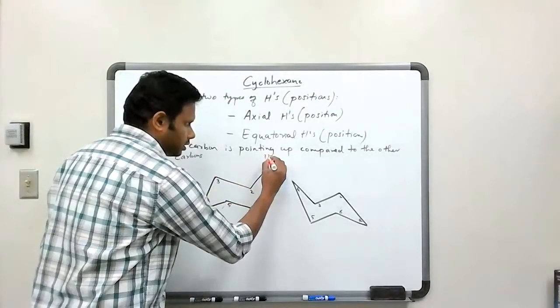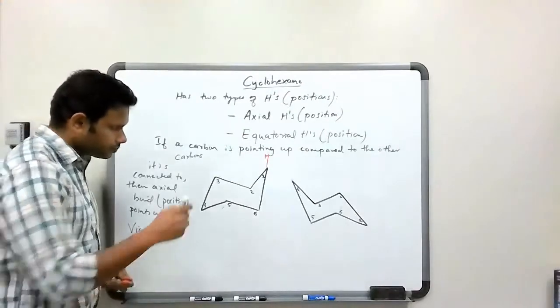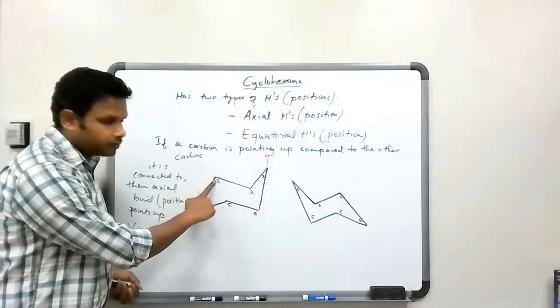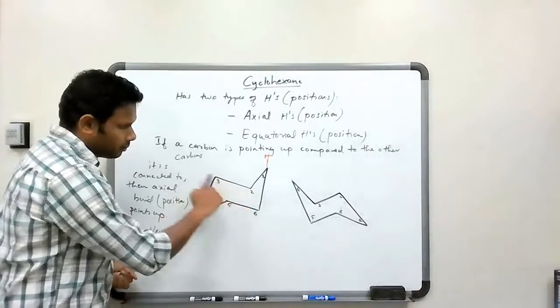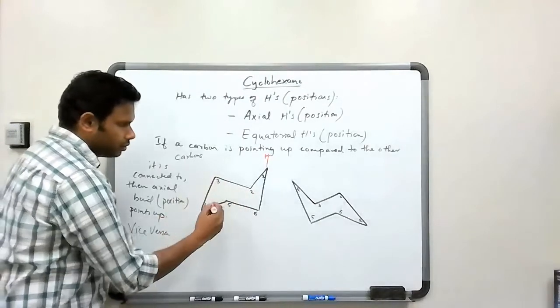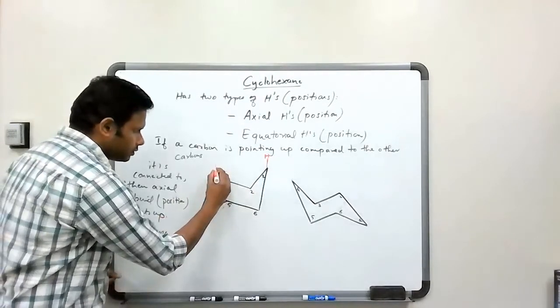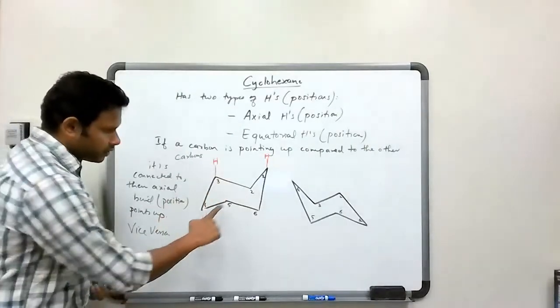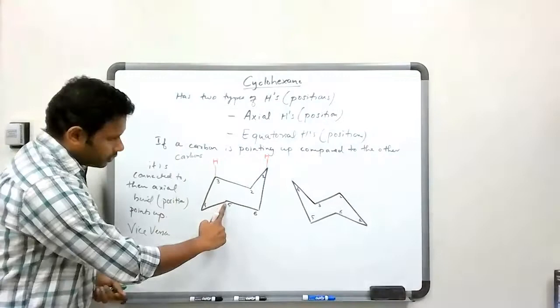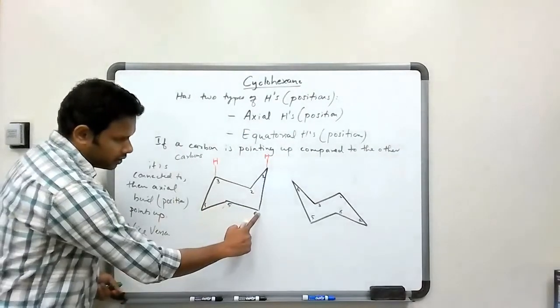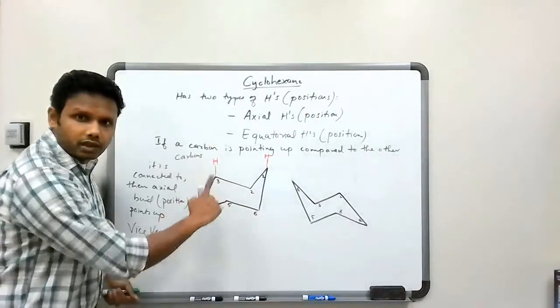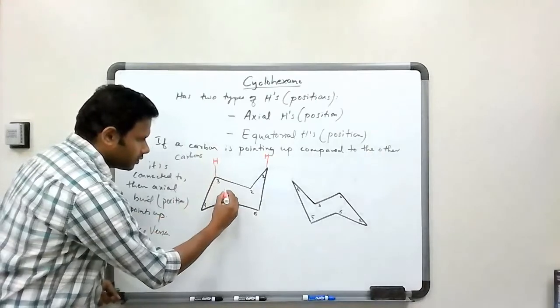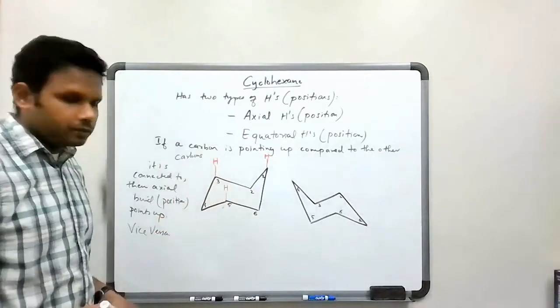That's how I'm going to draw the axial hydrogen. Look at carbon number 3. It is pointing up compared to the other two carbons. So in this case, again, the axial hydrogen points up. If I look at 5, compared to 4 and 6, 5 is pointing up. So axial on this would point up.